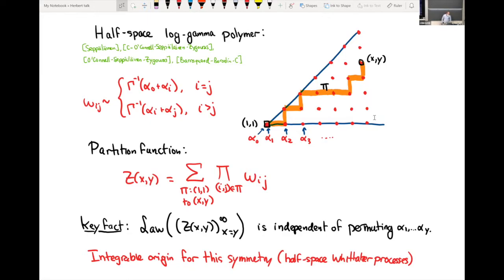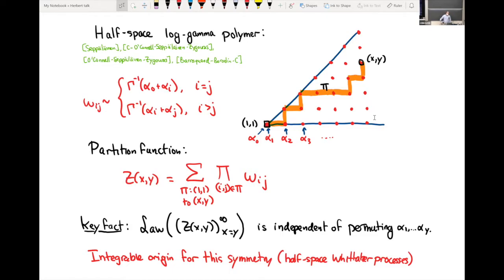There are different ways of seeing it. The way that I immediately see it is that this half-space model is related to something called the half-space Whittaker process.